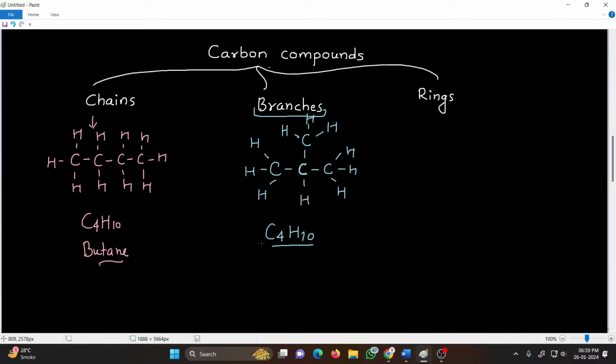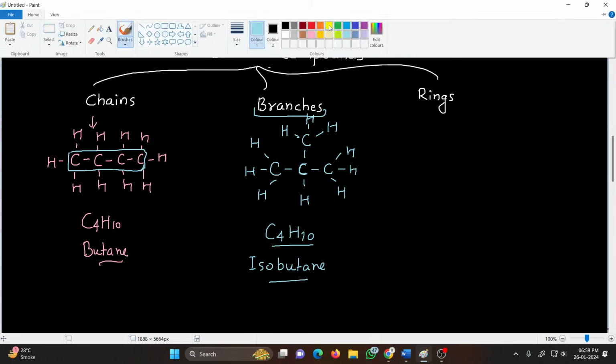So the chemical formula of both the compounds, the linear chain and the branched compound, is the same. But the structure is different. Here the 4 carbon atoms are in a single line, linear, whereas there is a branch over here. So this compound's general name is isobutane, and these two are called isomers of each other.